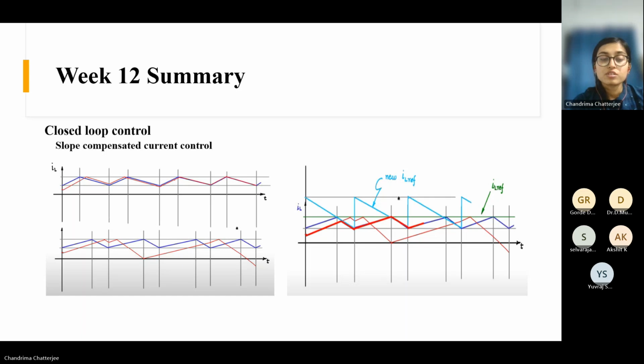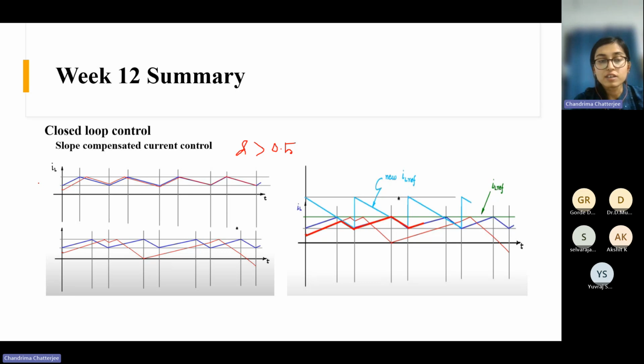Basically, there is an issue that happens if your duty becomes greater than 0.5. If your duty ratio becomes greater than 0.5, then there is some issue in current control. Okay. See here, two cases we have shown.